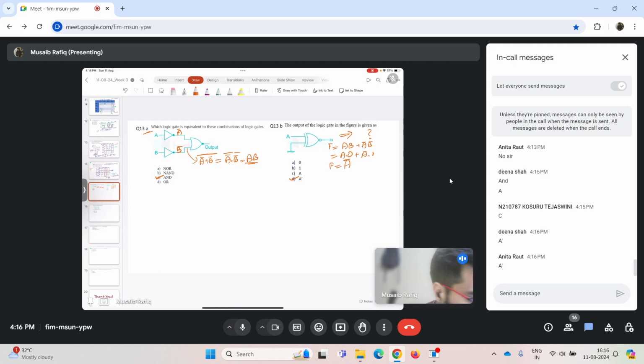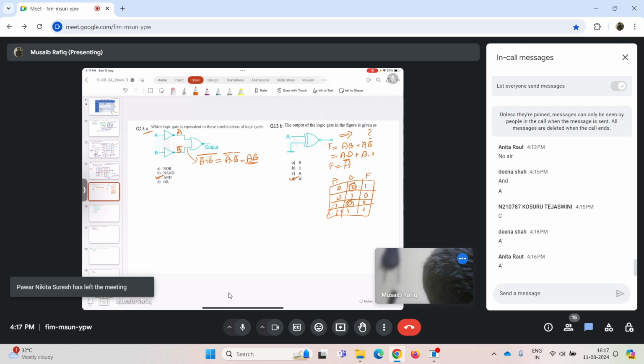Also, other way of doing it will be just construct a truth table. This is your A, B, and this is your F. 0, 0, 0, 1, 1, 0, 1, 1. So for XNOR gate, it will be 1, 0, 0, 1. Your B was 0. When your A was 0, F was 1.